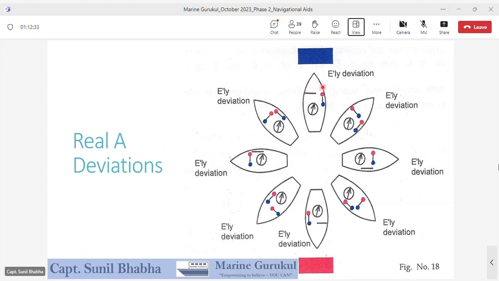Let's now concentrate our attention on the fore and aft longitudinal. The fore and aft longitudinal, if you look carefully, is aligned exactly in the same direction in which the Earth's magnetic field lies. The magnetic field lines are in the north-south orientation. The fore and aft longitudinal is also exactly in the north-south orientation.